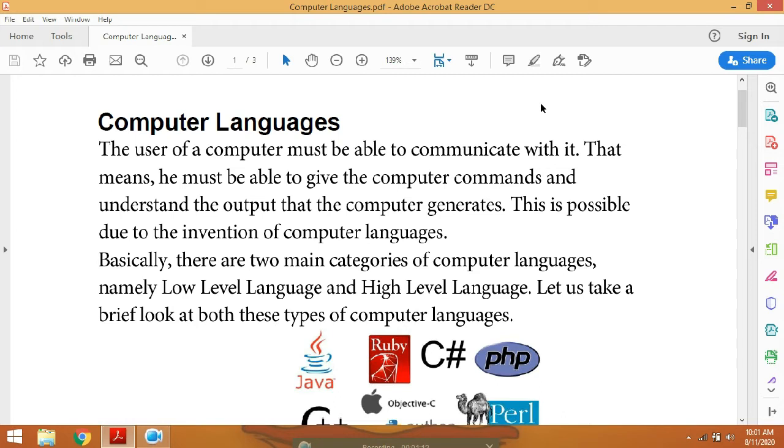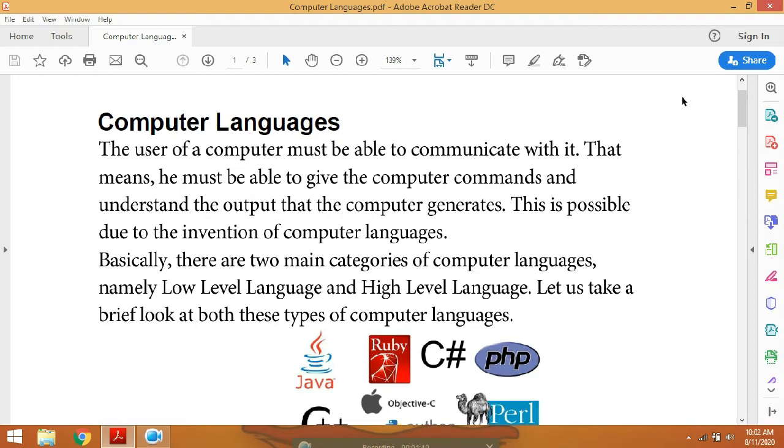Now there are various computer languages according to our needs, like Java, Ruby, C Sharp, PHP, Perl, C++, Dolby. According to the purpose of our task, we can choose what kind of language we are going to use.